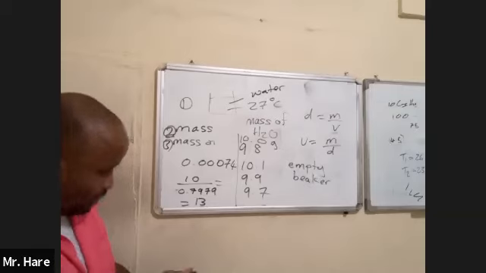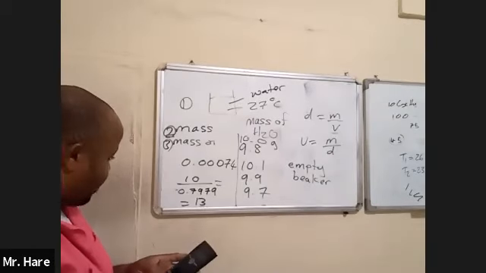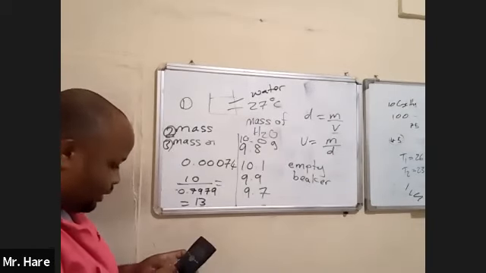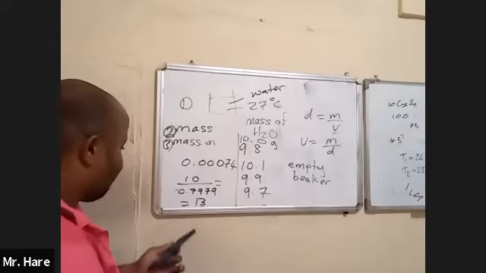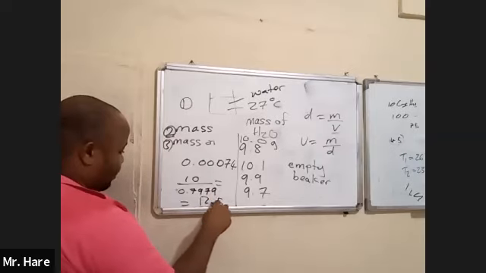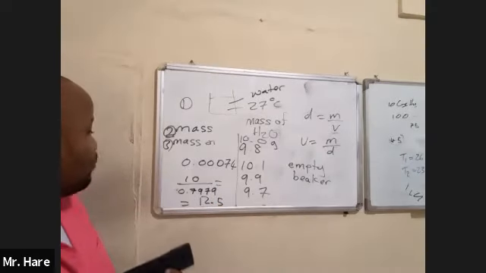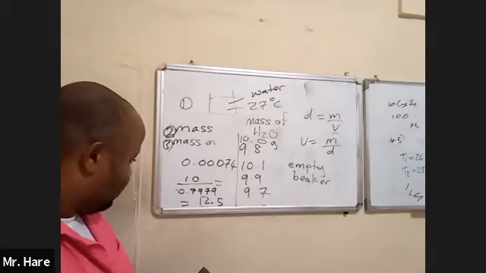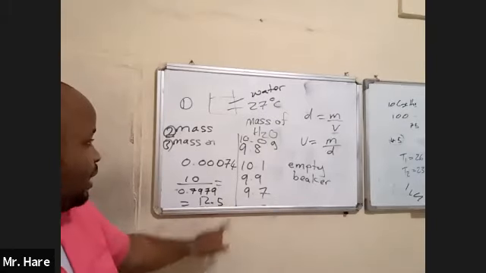So let us try about that. 10 divided by 0.7979, we got 12.5. So the volume of water would be 12.5 milliliter.